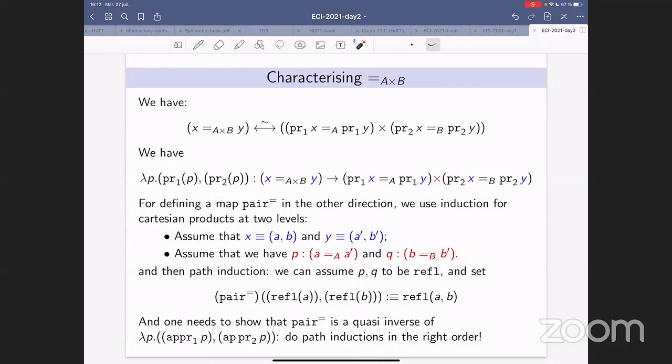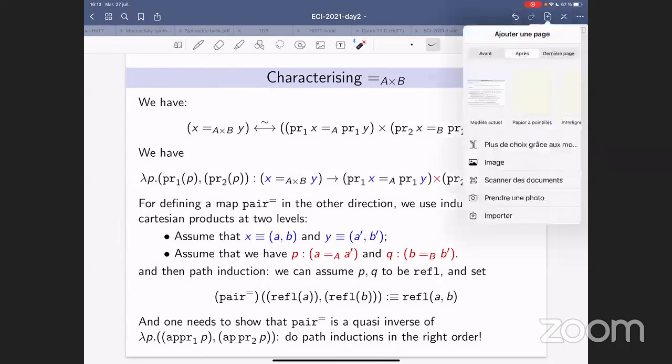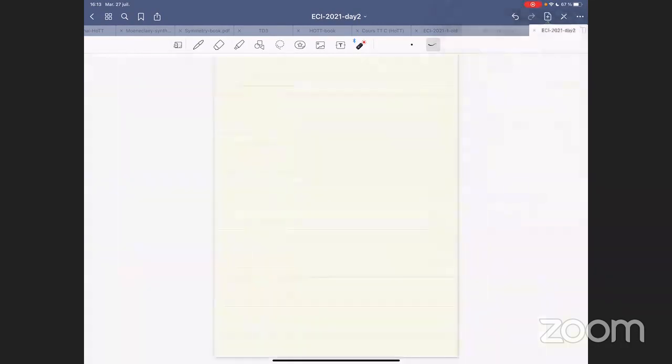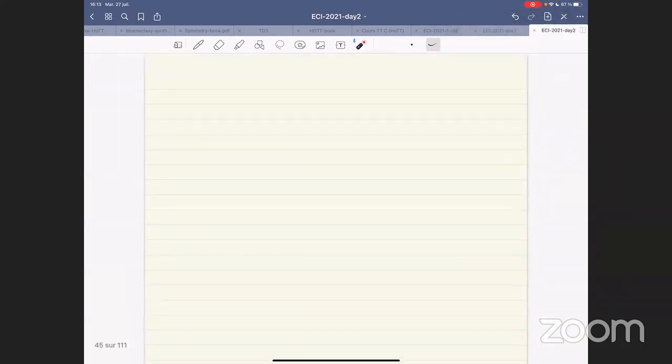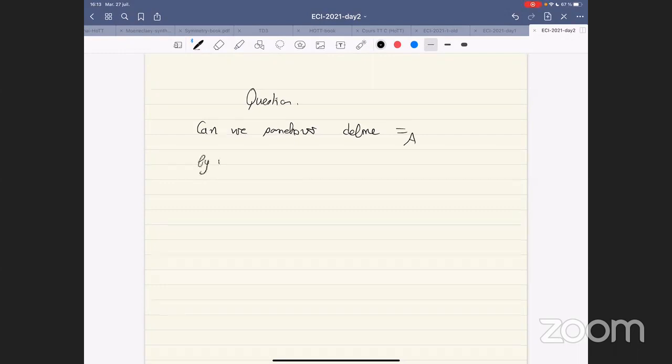Good. So now we move on, and our next objective will be to try to know more about identity types. The general question that we want to ask, maybe I write it down here in a new slide: can we somehow define the equality on A by induction on the structure of A?